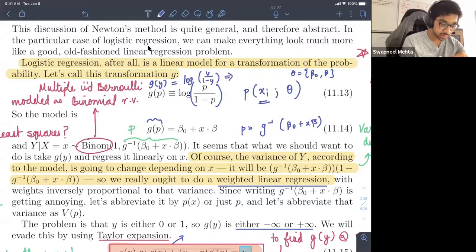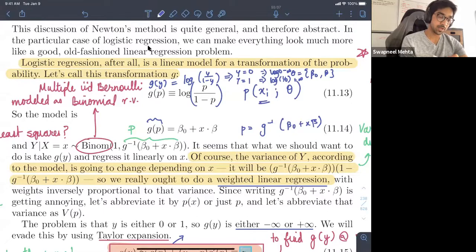If you substitute y equal to 0, you get log 0. If you substitute y equal to 1, you get log 1 by 0. So both of these are undefined, and therefore minus infinity and plus infinity.